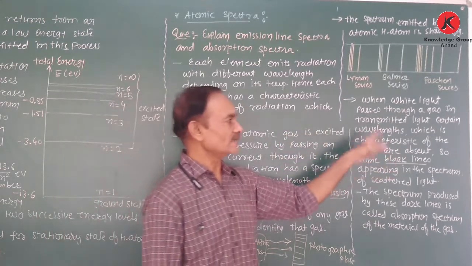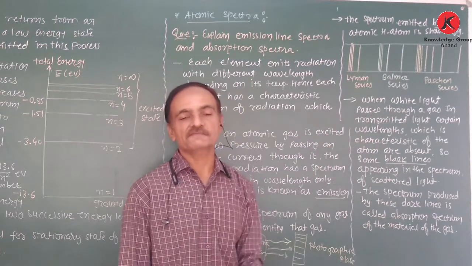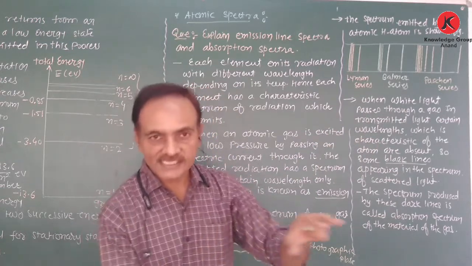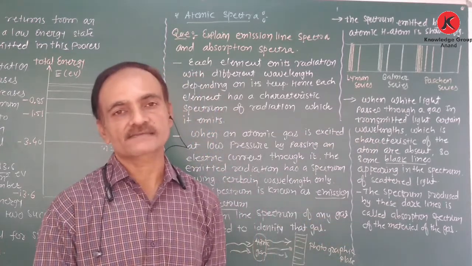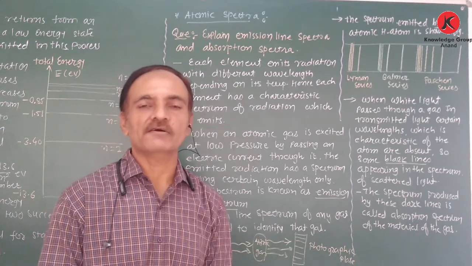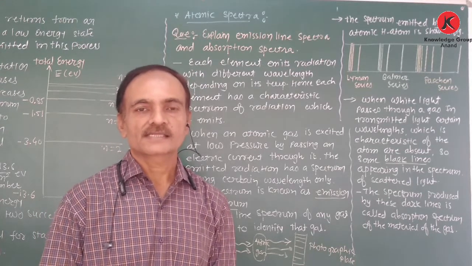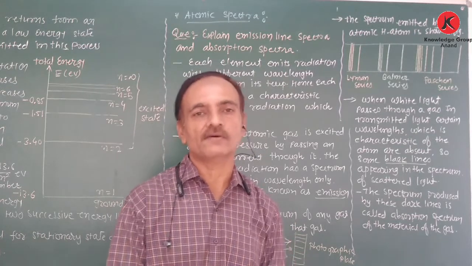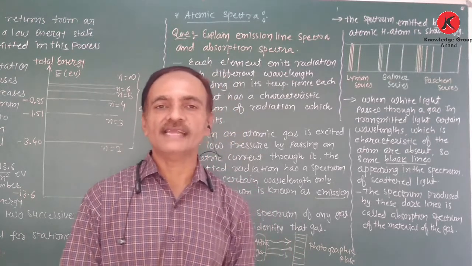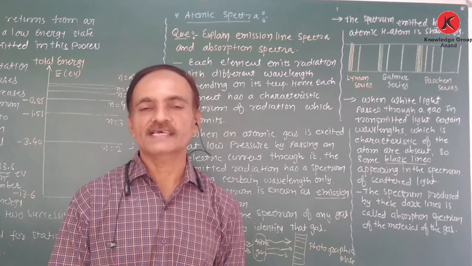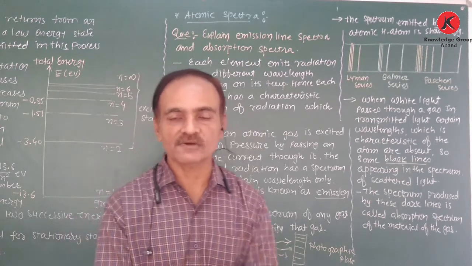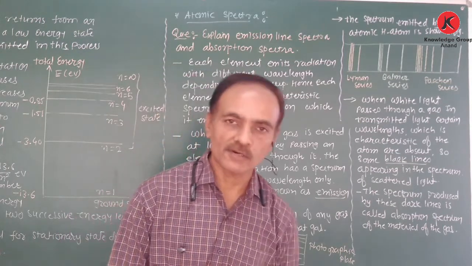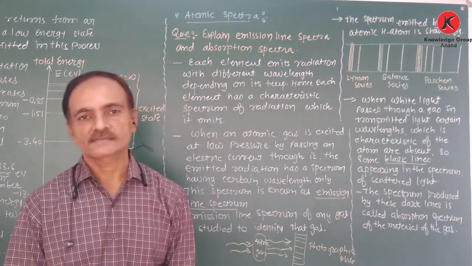While in absorption spectra, when white light is incident on an atomic gas, according to the characteristic of the atomic gas, light of particular wavelengths is absorbed by the atoms, because light is a bunch of photons having energy, and this energy is absorbed by the atoms of the gas.